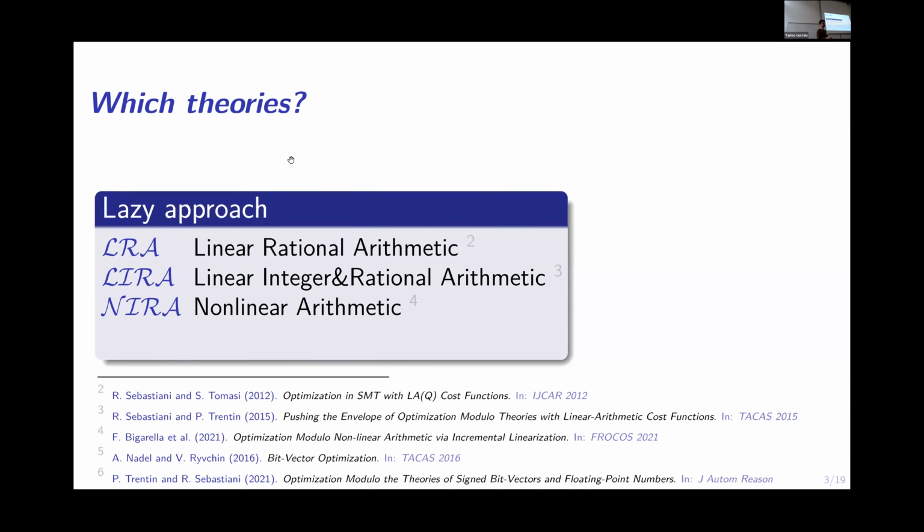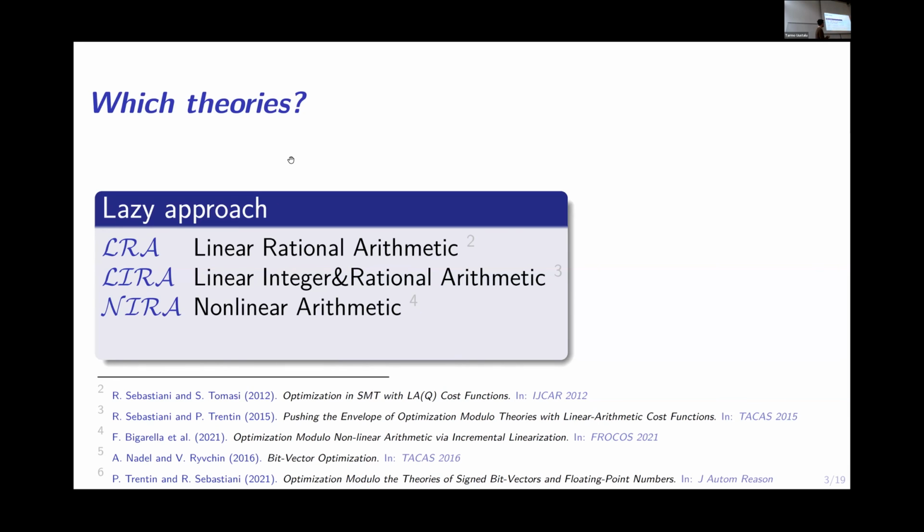Which theories can we have? We distinguish between two groups of theories depending on how the corresponding OMT problem is solved. We have theories solved with a so-called lazy approach, which are the theories of infinite precision arithmetic.